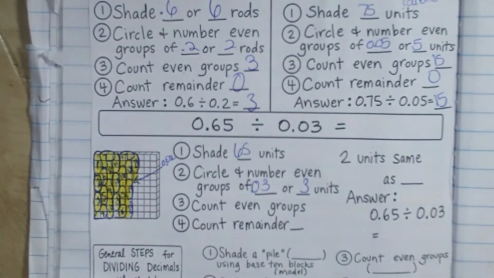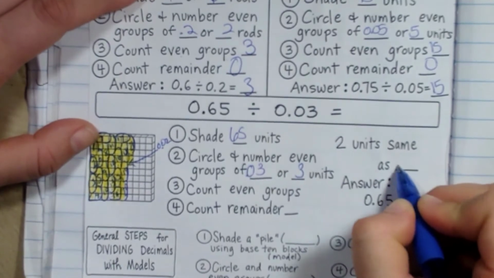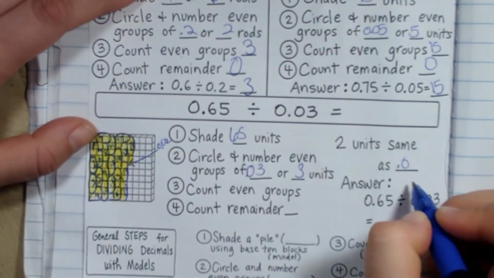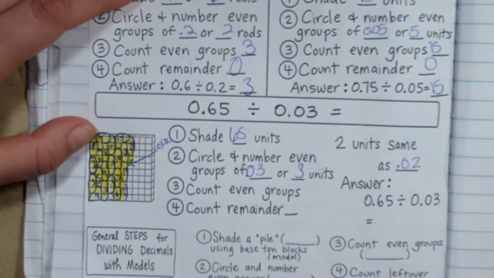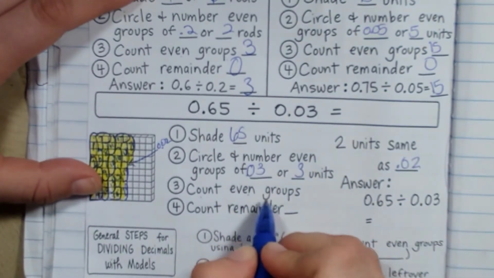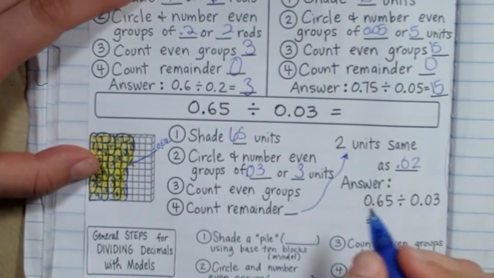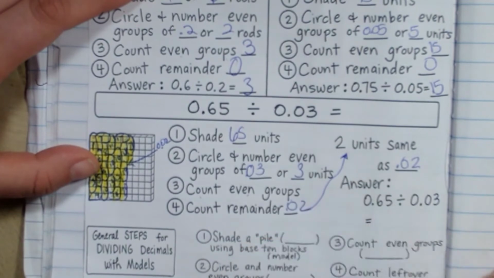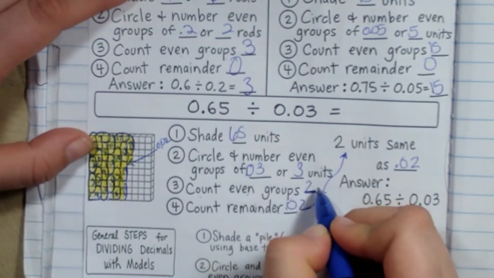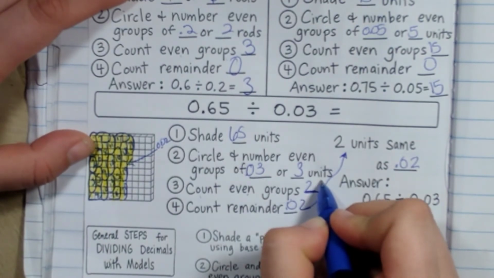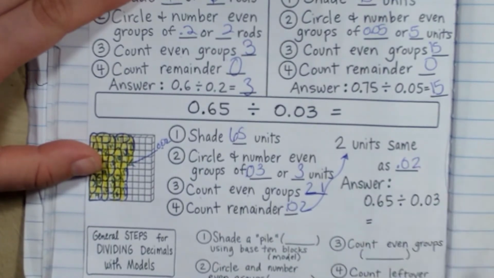2/10 left over. Okay, so the 2 units is the same as 2 hundredths. Okay, count even groups. So my remainder is over there. It's 2 hundredths. So how many groups do I have? I have 21 groups with 200ths left over.